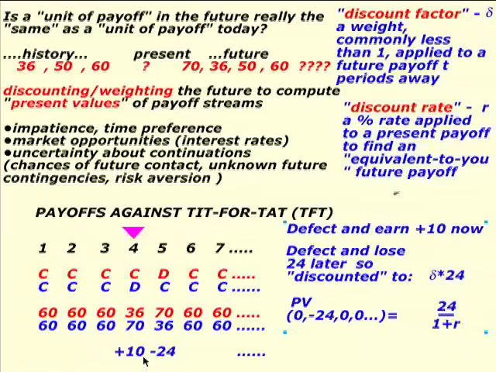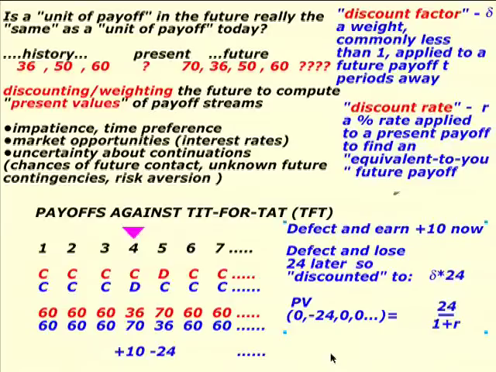So the idea would be we want to discount the loss of 24, and we use this discount factor, delta, Greek letter for D for discount. Another way to think about this is to look at the present value of this 24. People who work with financial figures like this idea, and it works something like this. You're thinking, I got $1 today, and next period, there's an interest rate.